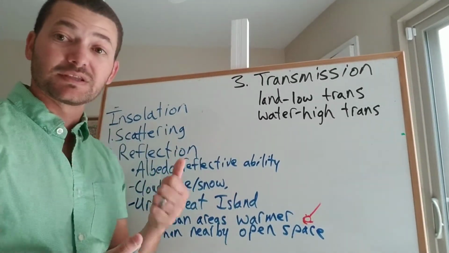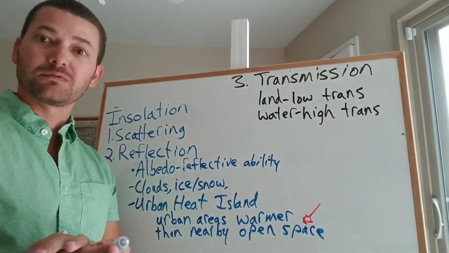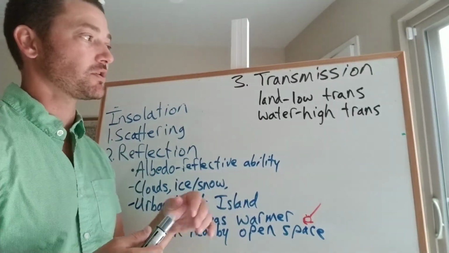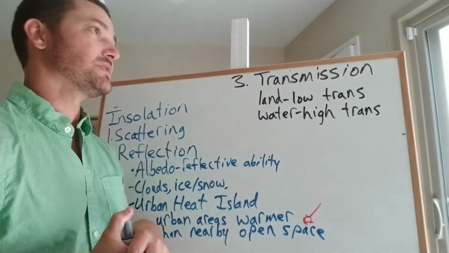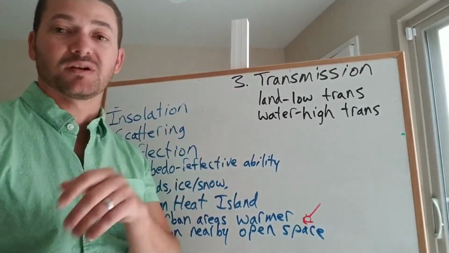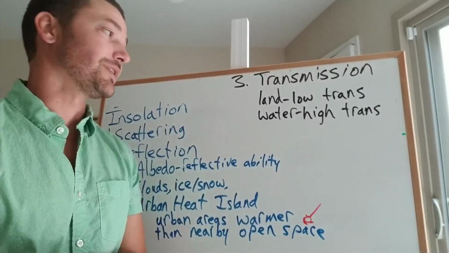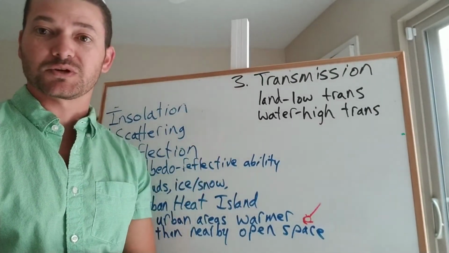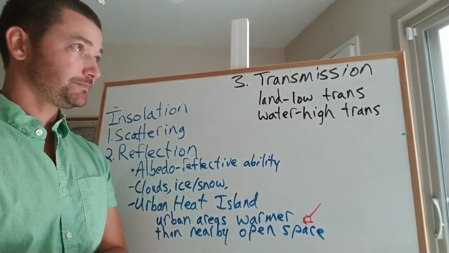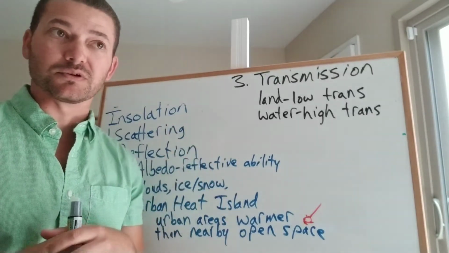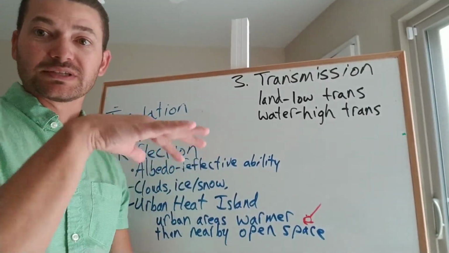plants can photosynthesize underwater. So you have life way deep down under the ocean because of water's high transmission rates. There's not a bunch of subterranean plants living and photosynthesizing deep within the earth, because land has low transmission rates. So if you're at the beach testing transmission ability, you walk across the sand and it's hot.